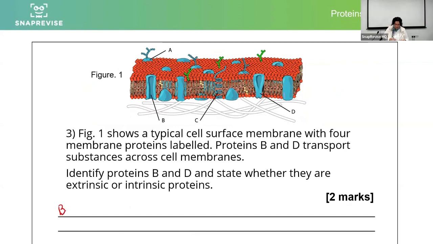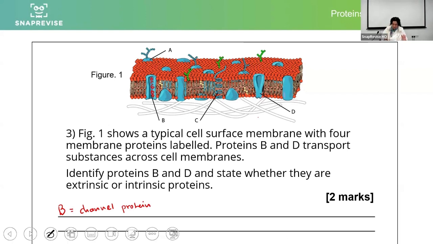So B is a channel protein. How do I know that? How do I know that it's a channel and not a carrier protein? Because I can see that it has this kind of lumen or pore here. And I can see that this is kind of like just open.